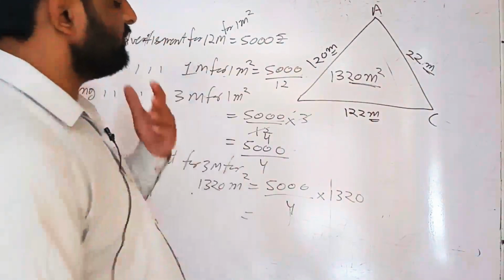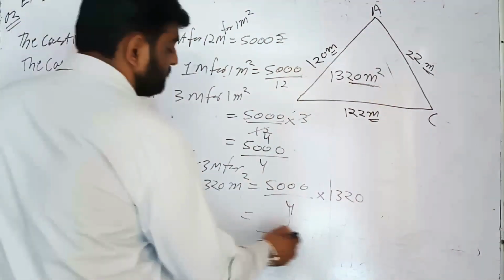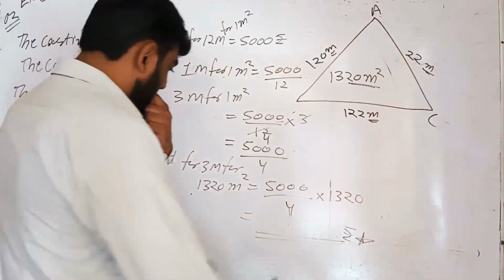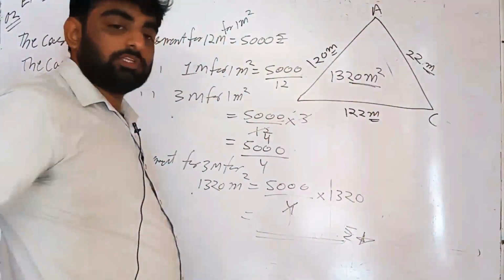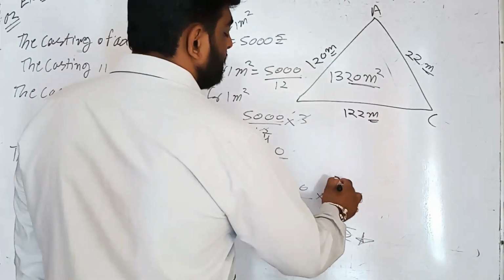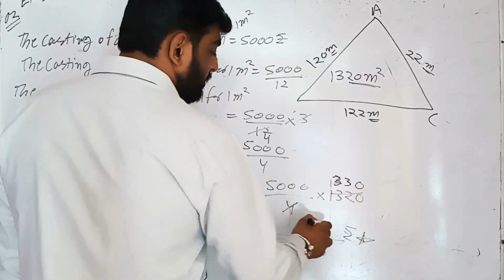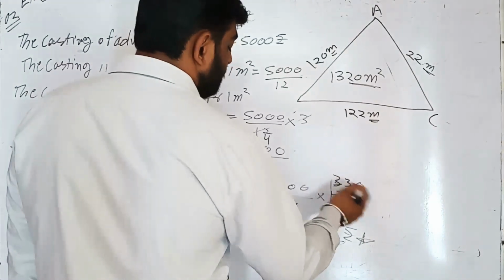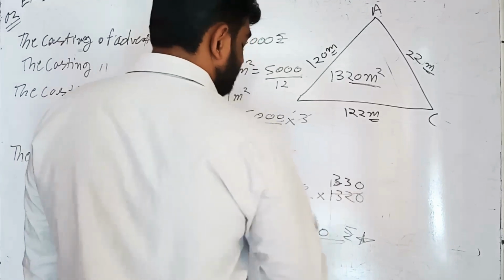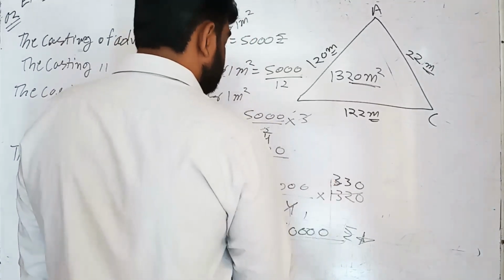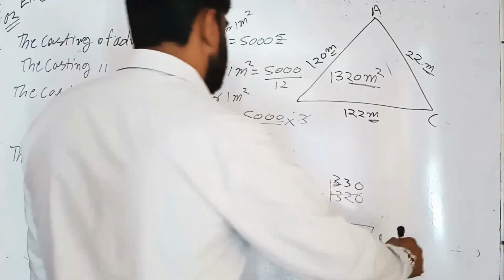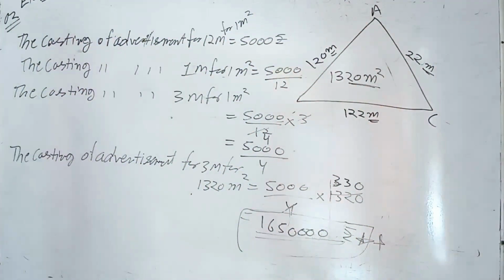If we solve it out and get the value in rupees, 4 threes are 12, 4 threes are 12, so four zeros are there. 5 threes are 15, 1 6 5 0 rupees is the answer to that question.